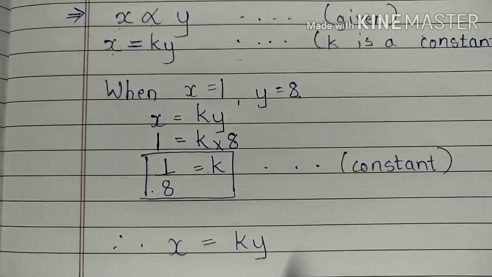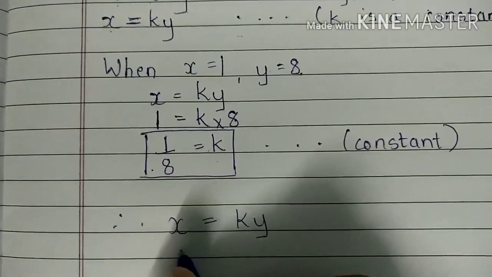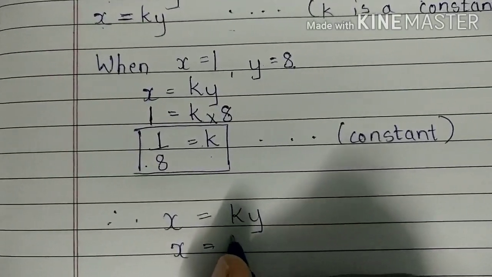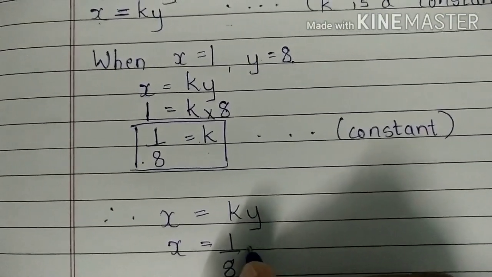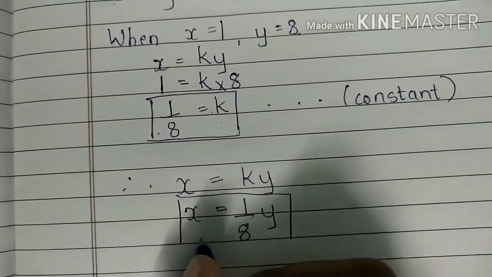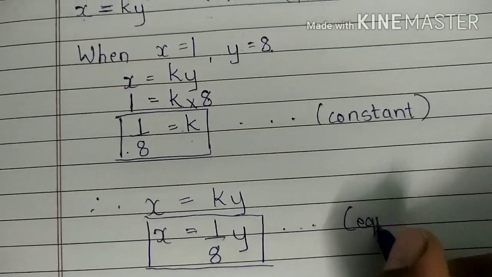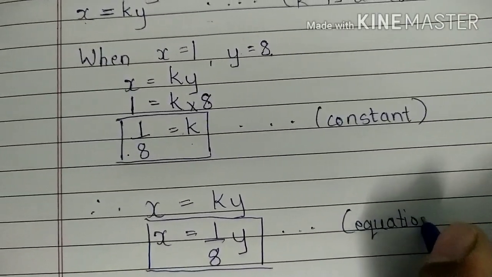What is k? Just now we found out k is equal to 1 upon 8. So I can write x is equal to 1 upon 8 y. This is your equation of variation.